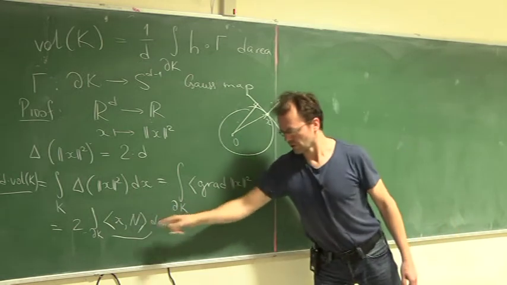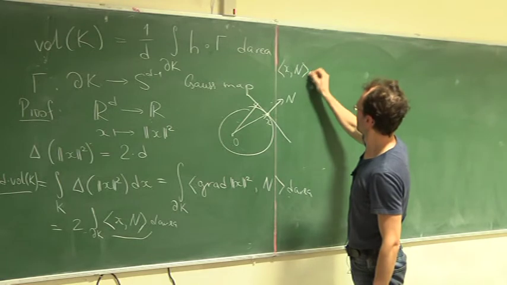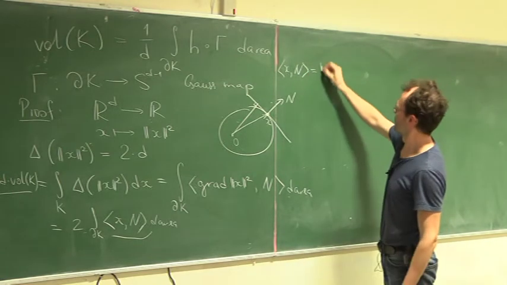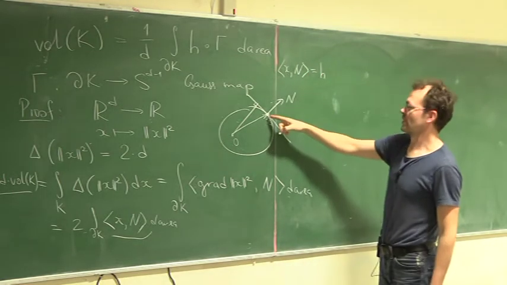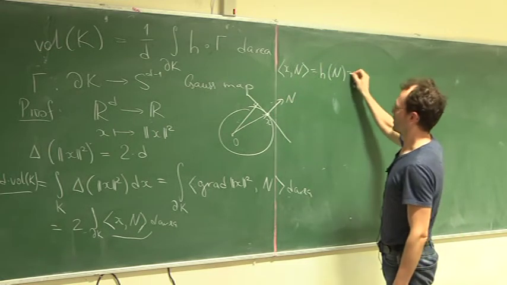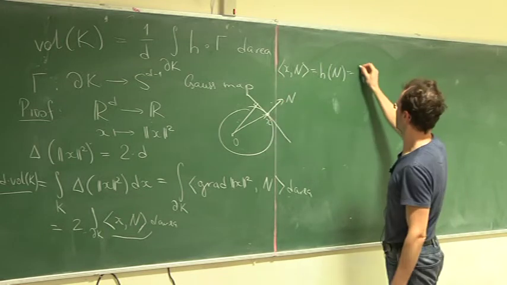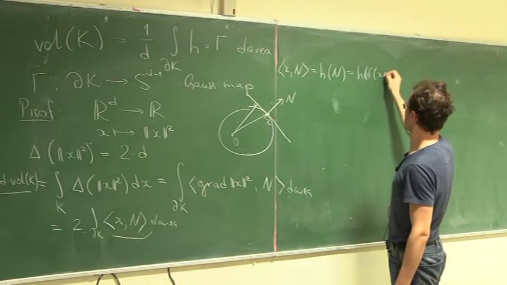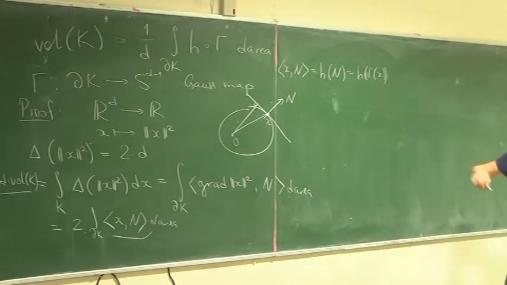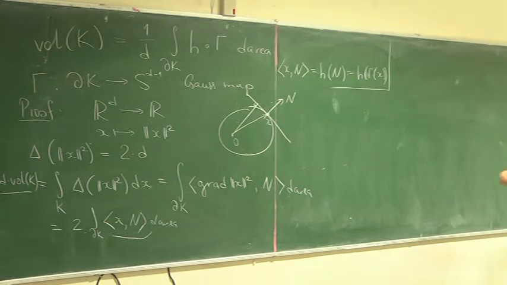So this inner product of x and n is equal to the support function at the vector n, and n is exactly the Gauss image of the point x, h of gamma of x. And this finishes the proof of the formula.